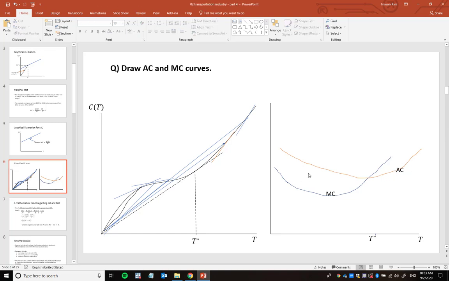It makes sense because when marginal cost is less than average cost, then that drives the average cost down. When marginal cost is larger than AC, the larger marginal cost drives average cost up. So that's why we have this result.